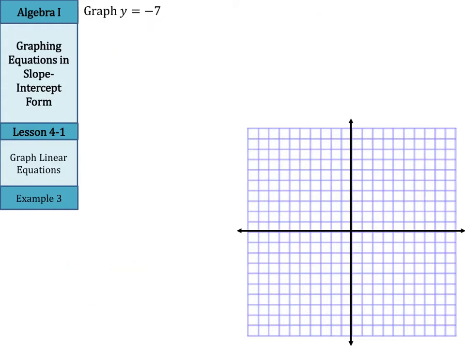Now some equations are called constant functions. Constant functions are horizontal lines. So we have y equals -7. Well, remember, here's our y-axis, and where y equals -7, we can just count down: 1, 2, 3, 4, 5, 6, 7.